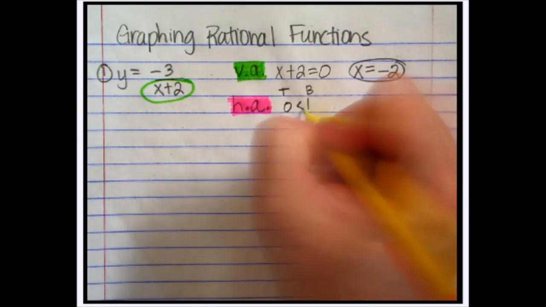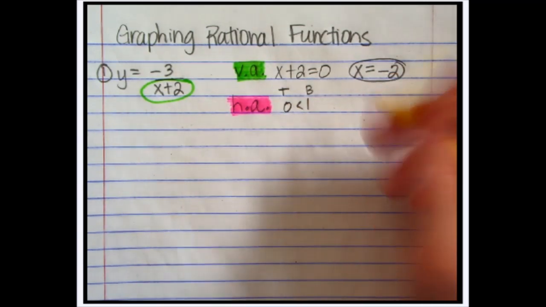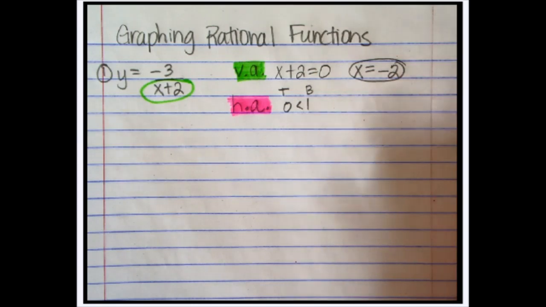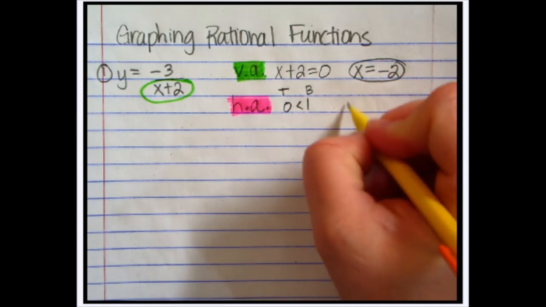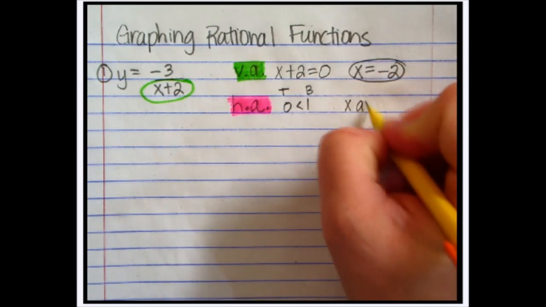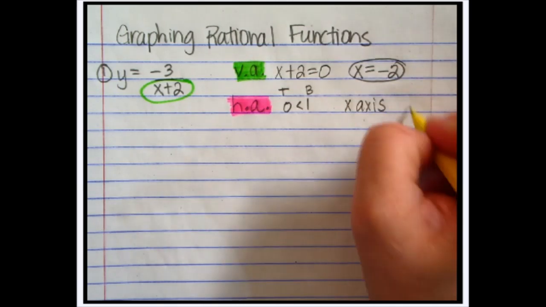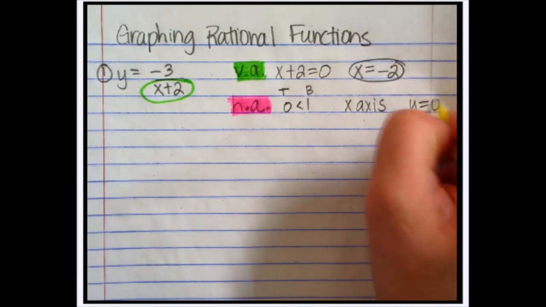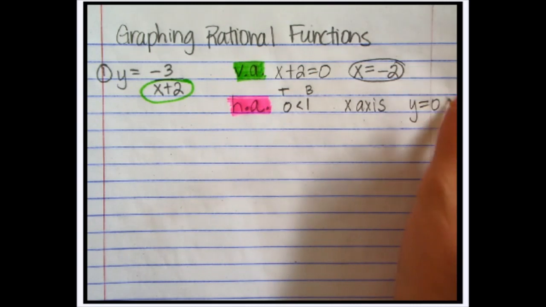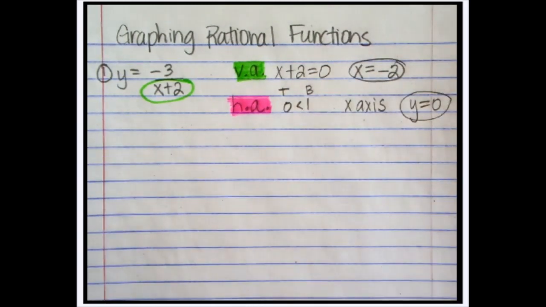It is less than. If we go back and look at our 3 scenarios, this tells us that the x-axis is an asymptote, or we could also write it as y equals 0. Those were the asymptotes that I asked you to find yesterday.